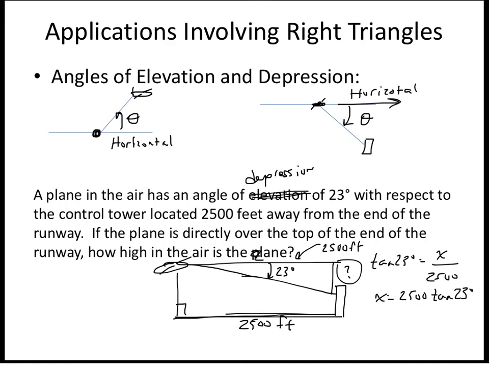So 2,500 times tangent of 23 gives you 3,970 feet in the air. Okay, so that's how far the plane is over top the runway. That's pretty far up. So chances are that plane's not going to land there right now.